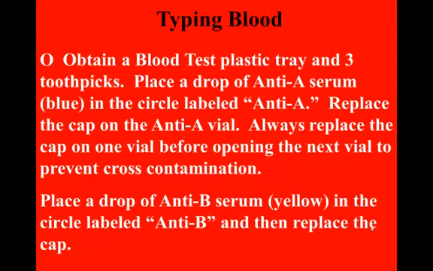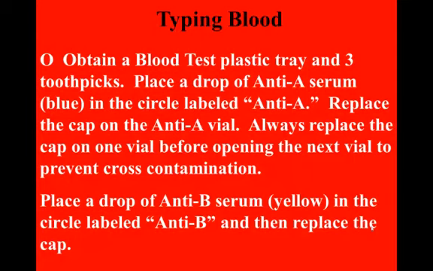You obtain a blood plastic tray, 3 toothpicks, and what you're going to do next, or you already have that, excuse me, you're going to get the anti-A serum. Now what does anti-A serum have in it? Anti-A antibodies. So anti means against. So what is it going to coagulate with? What is it going to agglutinate with and get all sticky and clumpy?